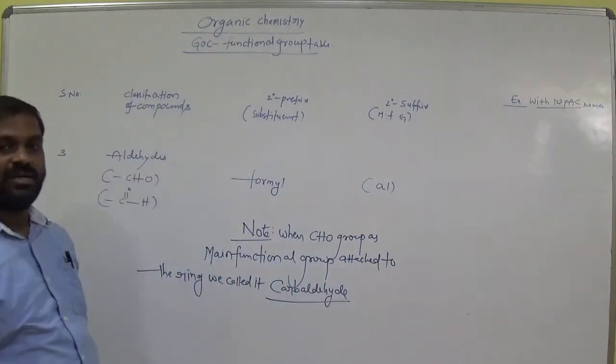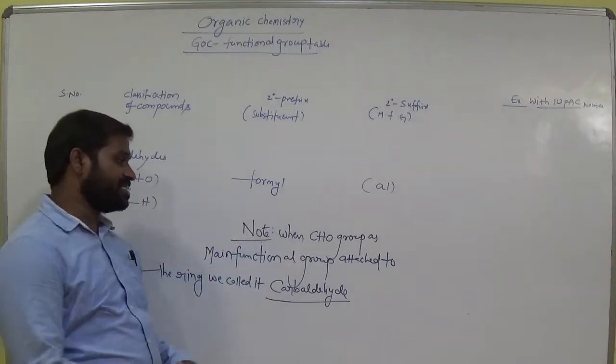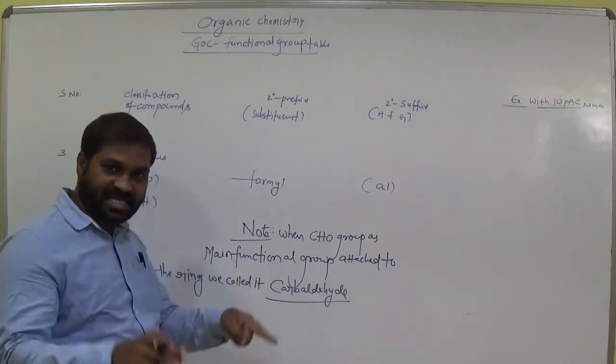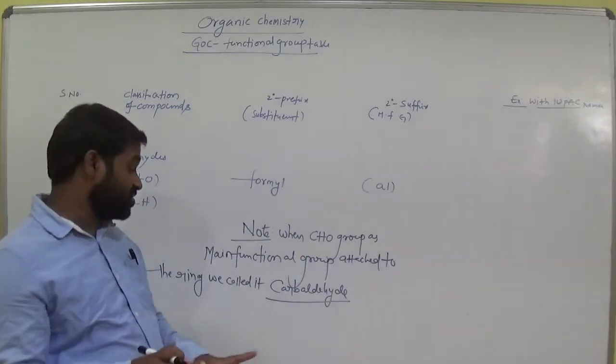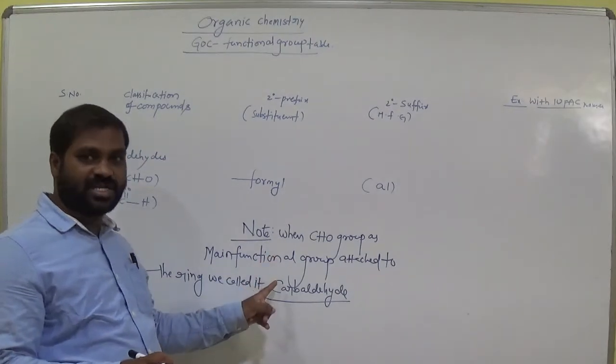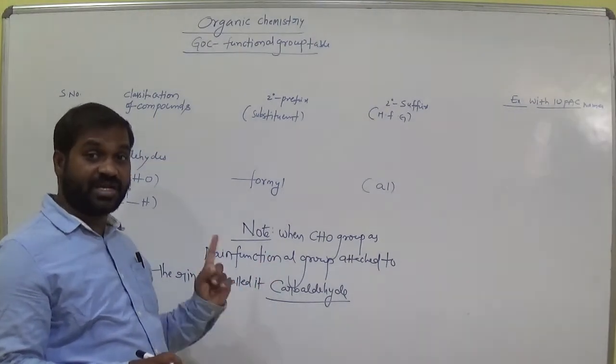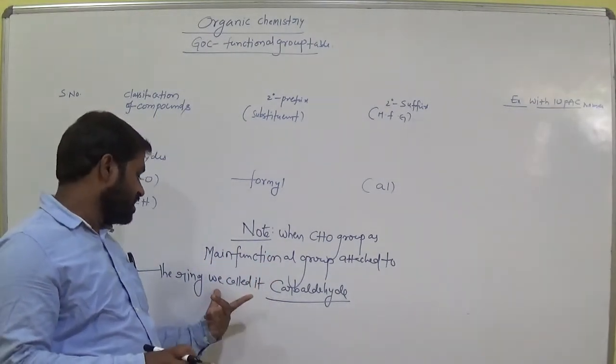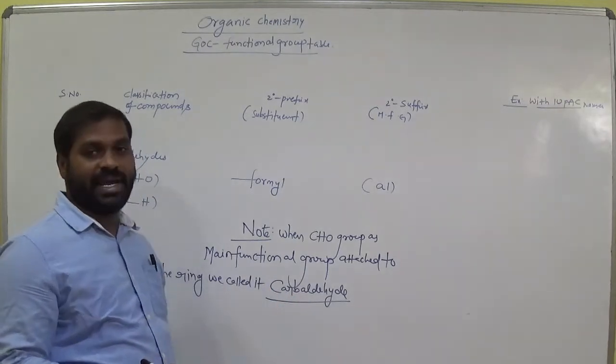Carbaldehyde, remember this. When the CHO group is directly attached to a ring-like structure, as the main functional group, not a substituent, then we call it carbaldehyde.